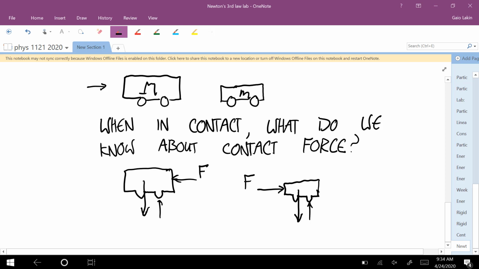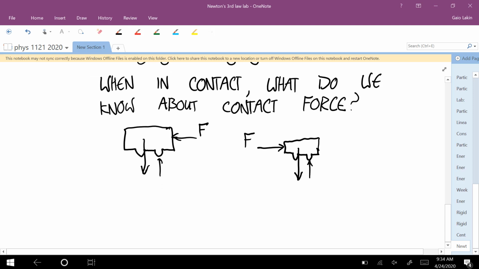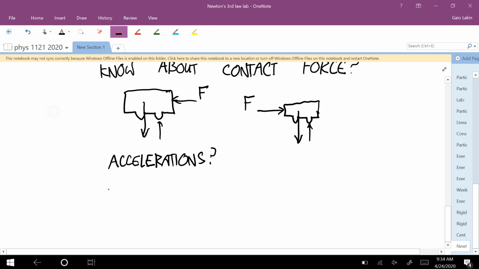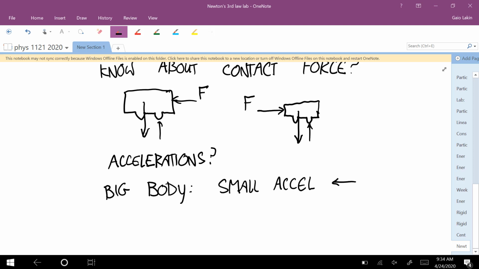Okay, and now these problems will ask you, okay, what do we know about the accelerations of these two objects? And the answer is the big body has a small acceleration in the direction of that contact force, because due to Newton's second law, we're dividing that contact force by a big mass to get the acceleration.